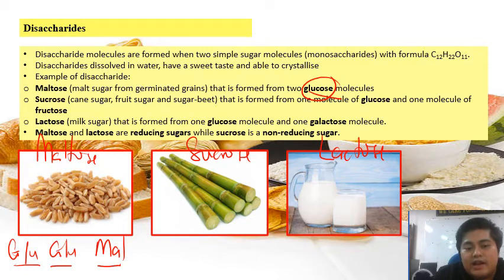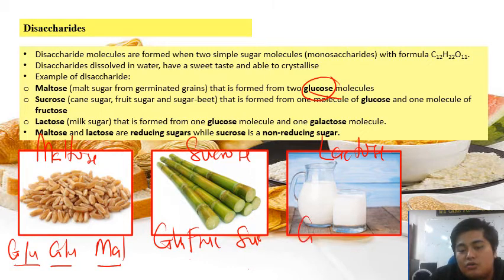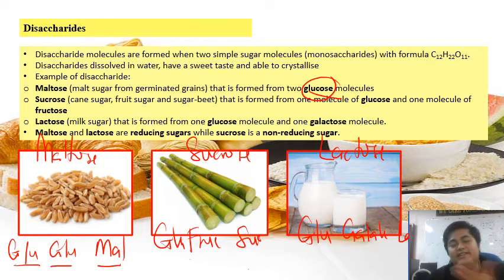Kalau sucrose pula dia akan jadi glukos, fructose, sucrose sebab dia terhasil daripada 1 glukos dan 1 fructose. Dan lactose pula, galak. Nampak tak? Glumal, galak, fruc-suc. Cara saya ingatlah. So korang bolehlah pelbagaikan cara korang. Ini cara saya ingat.